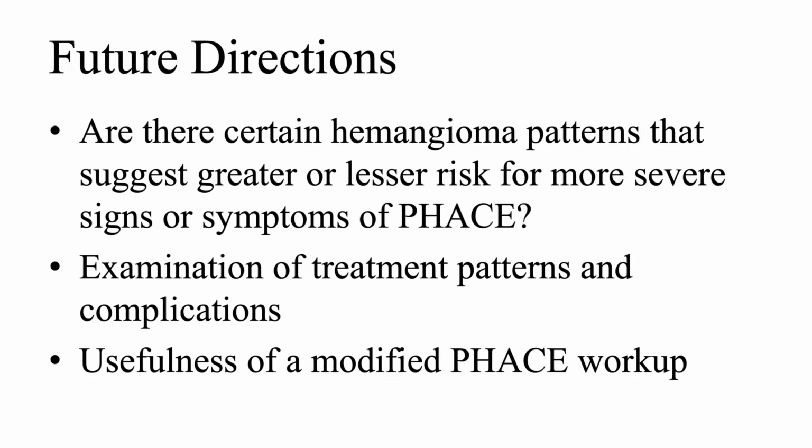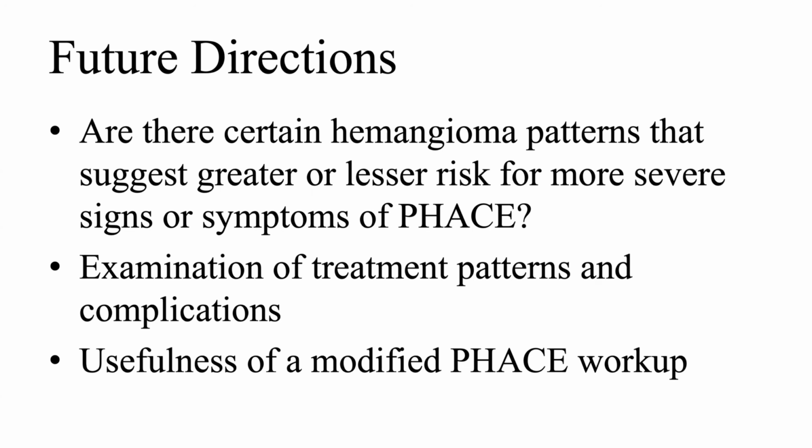Some future directions that we hope to be able to look at: are there certain hemangioma patterns that suggest greater or lesser risk for more severe signs or symptoms of FACE? There's a very wide spectrum of FACE syndrome, and is there a way that we can predict who might have severe or more symptomatic FACE syndrome than someone else?